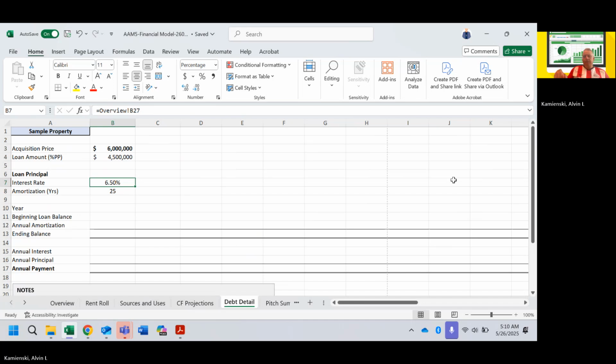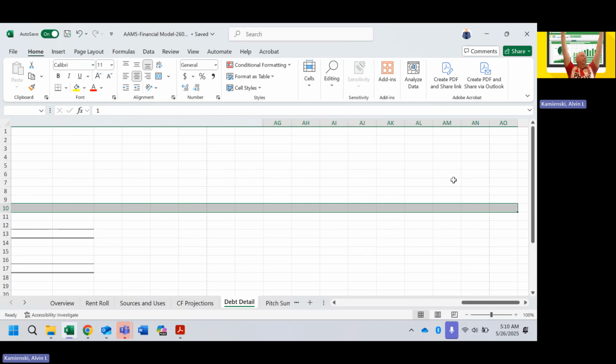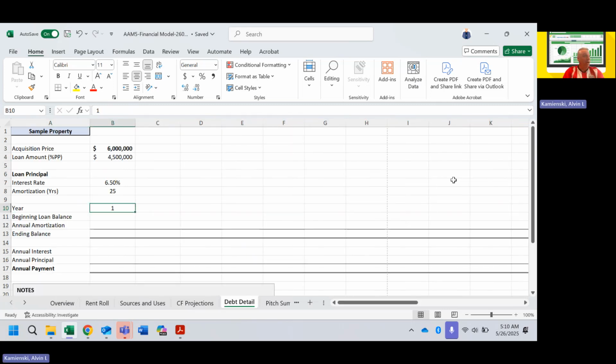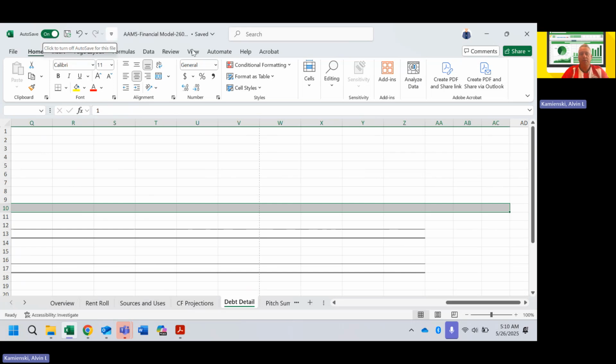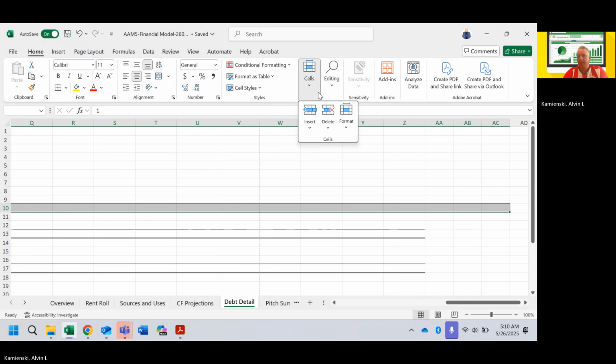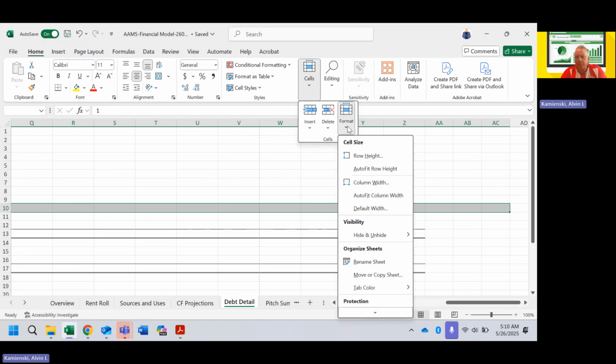All right. So then in year one, here's also a favorite little Excel trick. I'm going to hit shift and I'm just going to go to the right until I feel like letting go. I have my cursor on the number 1 and I'm going to shift and I'm just going to go to the right until I feel like letting it go. Because I'm going to, off of the home, go to cells and I'm going to format.